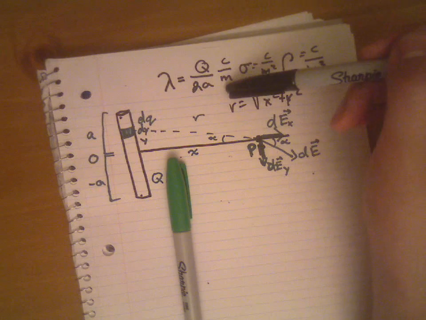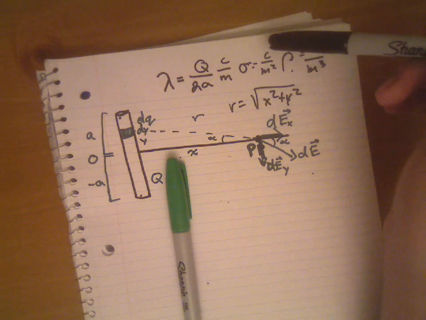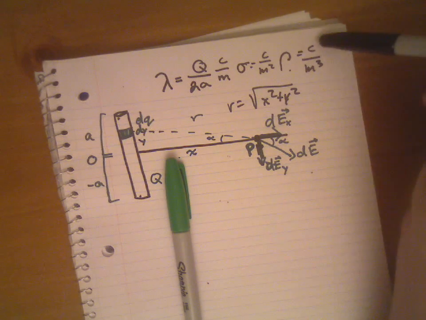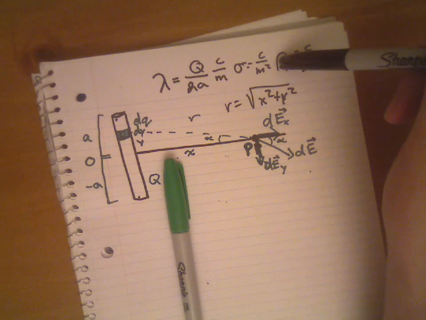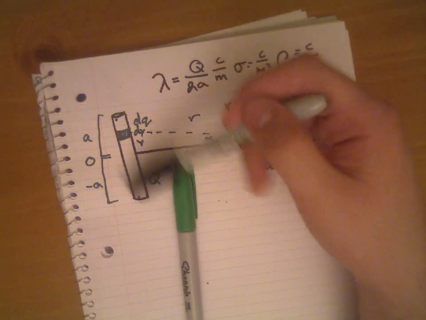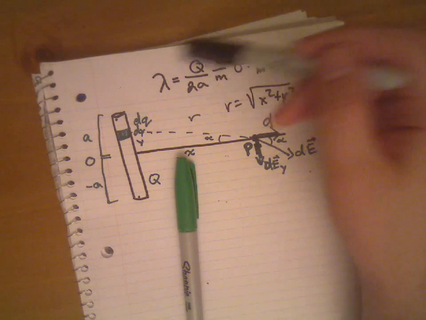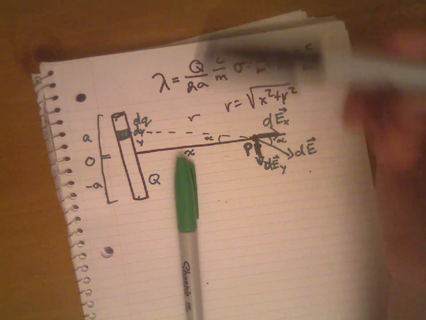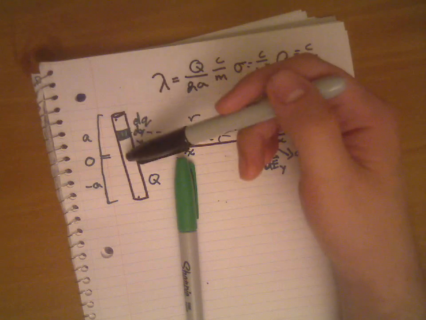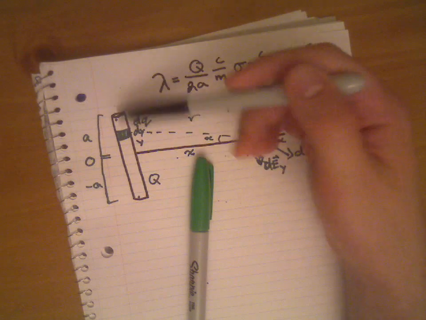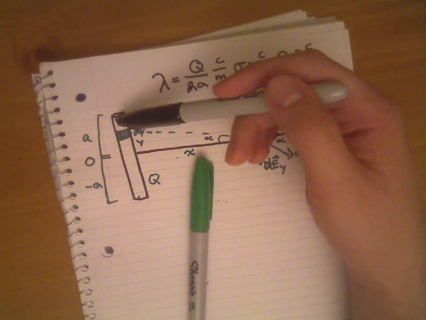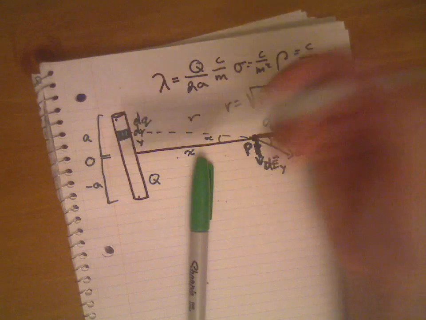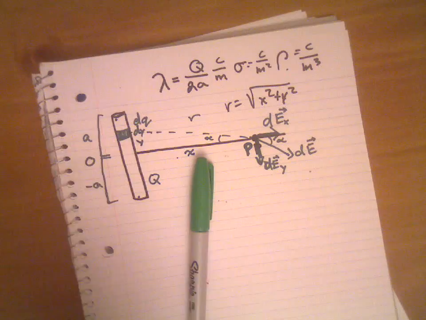Units are coulomb per meter for linear, coulomb per meter squared for area, and coulomb per meter cubed for volume. In this example, since we're dealing with a rod, we only need to worry about linear density. So linear density is just the amount of charge on the rod divided by the total length of the charge. In this case, we have a charge Q, and the distance from this end of the rod to the other end is 2a. So therefore, linear density is Q over 2a.